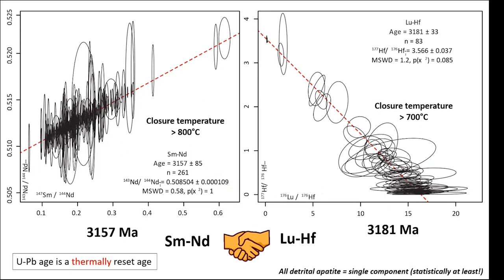At around 2.9, the emplacement of the Split Rock Supersuite, which was this voluminous intrusion of magma into the East Pilbara Terrane, heated the apatite to above the lead closure temperature of approximately 500 degrees, but not exceeding the closure temperature of these two systems. So we're seeing the whole-scale thermal resetting of apatite uranium-lead in the East Pilbara Terrane at 2.9 Ga.